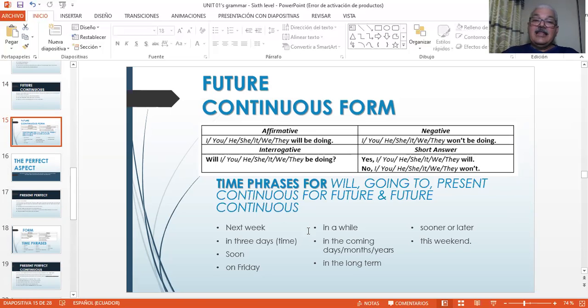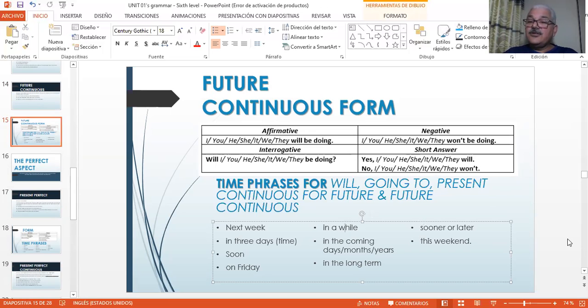Then the time phrases that you are going to use for all these forms in the future will be next week, in 3 days, or in 3 weeks, in 3 years, that depends.